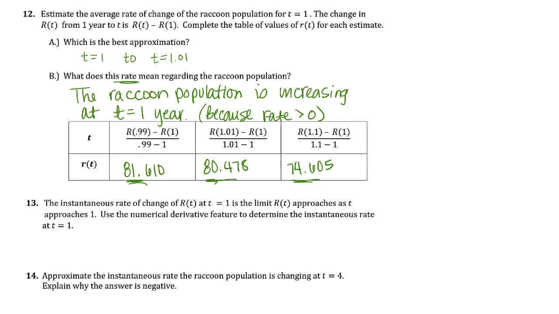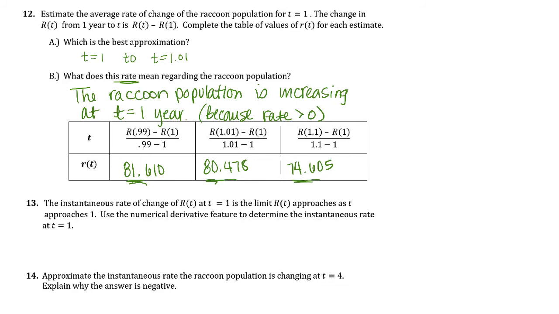So number 13 says the instantaneous rate of change of R at T equals 1 is the limit of R at T as T approaches 1. So use the numerical derivative feature to determine the instantaneous rate of change. And we could find the derivative at 1, and we will look at that. So it should be a pretty close approximation to what we already have.